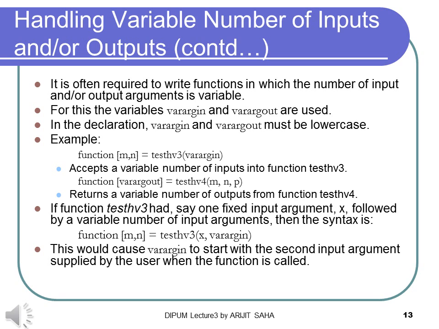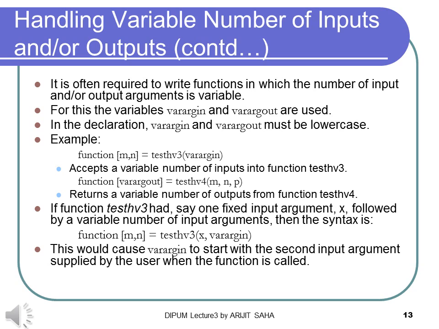function [m, n] = test_hv3(varargin) accepts a variable number of inputs into function test_hv3. function varargout = test_hv4(m, n, p) returns a variable number of outputs from function test_hv4.